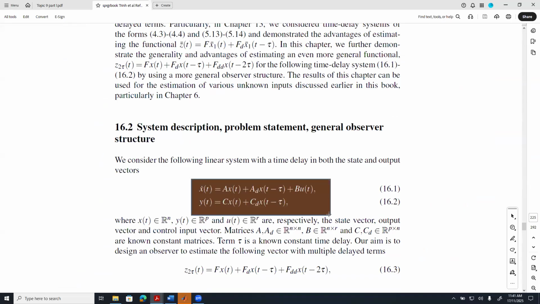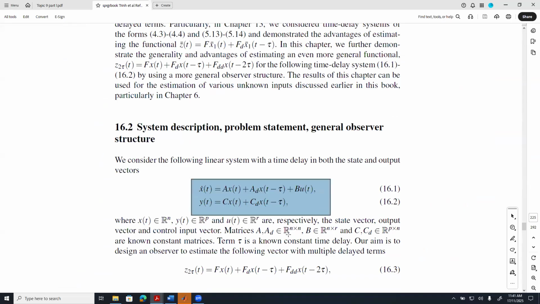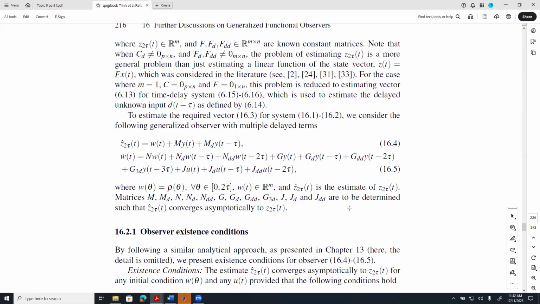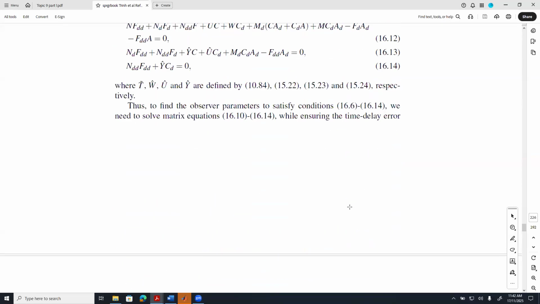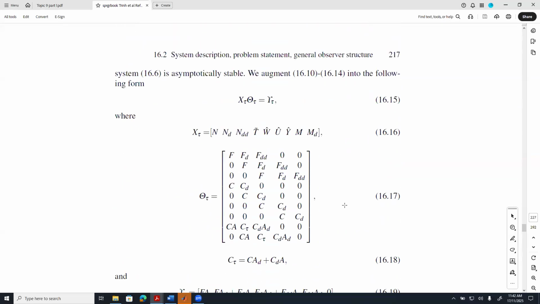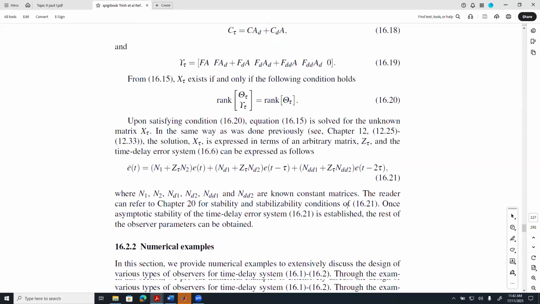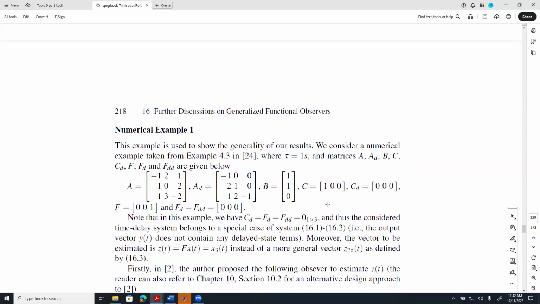So we can cater for all different scenarios, like C can be 0 as well. And that is an interesting bit that we're going to explore further in the numerical examples. So let's have a look at the examples where we're going to show the generality of our results.